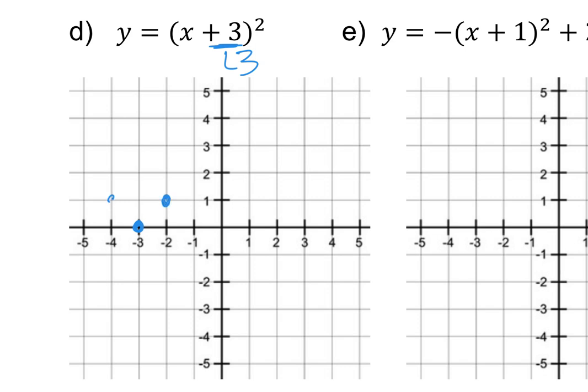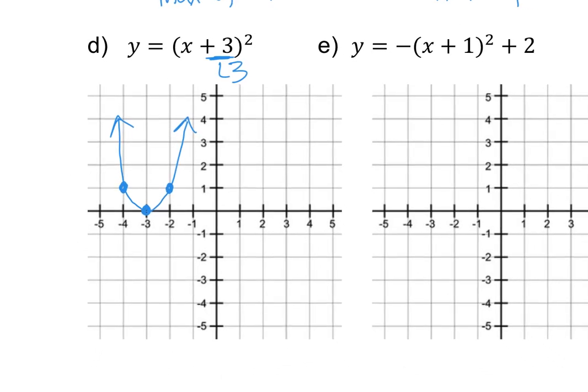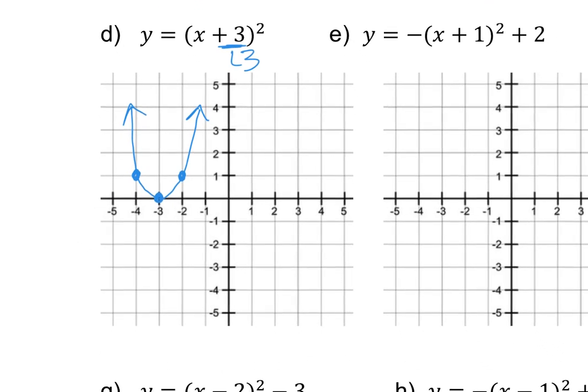To the right and left because it's positive. Connect our 3 points. Now, what is our max or min? What do we have here? Minimum 0. We have a minimum of 0. Yes. Min of 0.